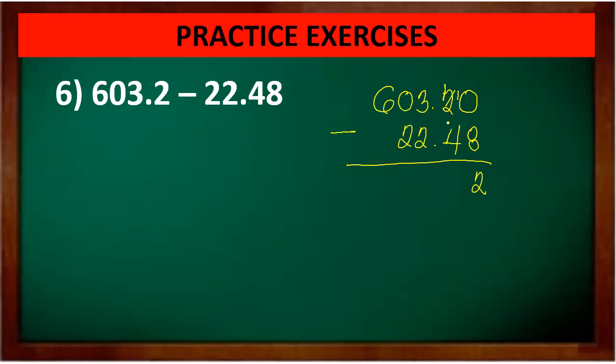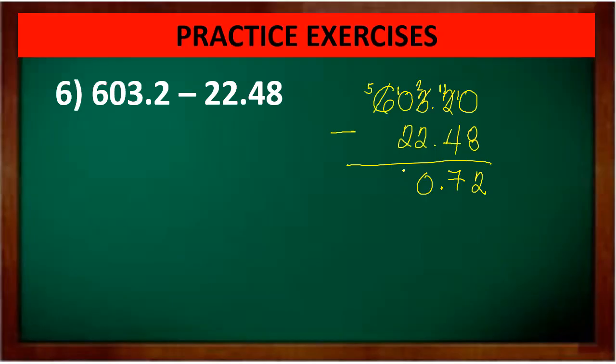Ito naging 1. 1 minus 4 cannot be. So magbabaro tayo kay 3. 3 becomes 2. Si 1, nag-add tayo ng 10. Okay, 1. So this is 11 now. So 11 minus 4, that is 7. Then 2 minus 2 is 0. 0 minus 2 cannot be. So maghihiram tayo kay 6. This becomes 10. Si 6 naman becomes 5.